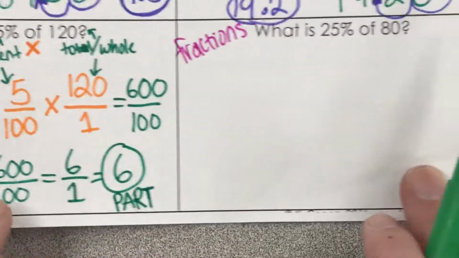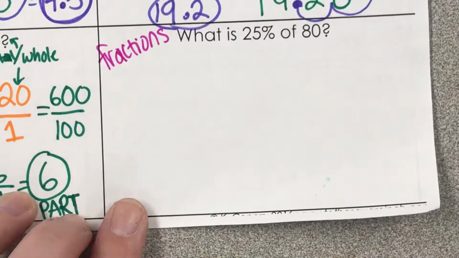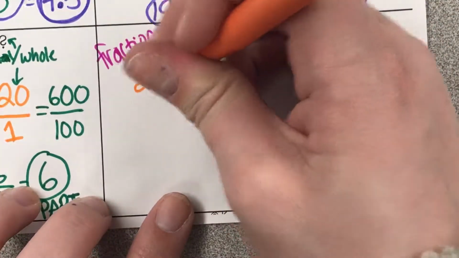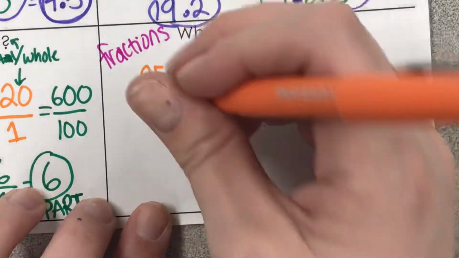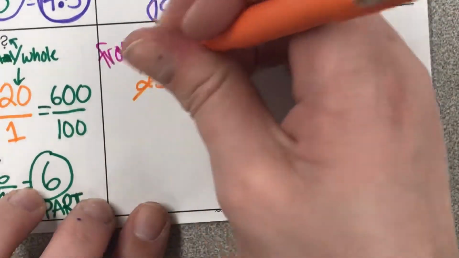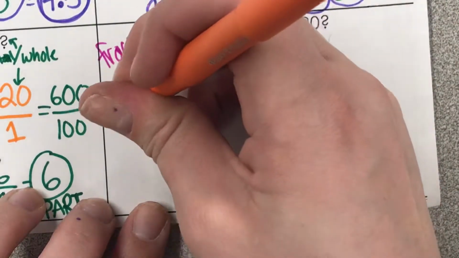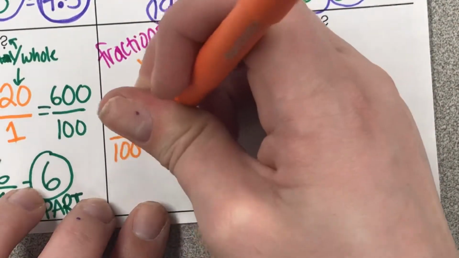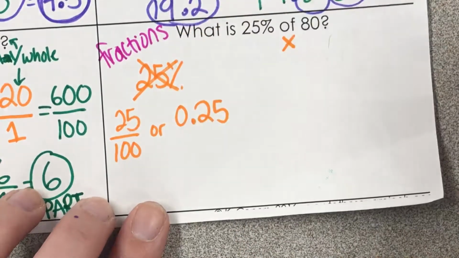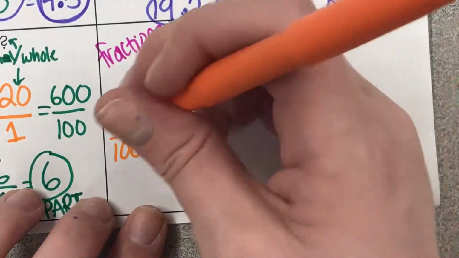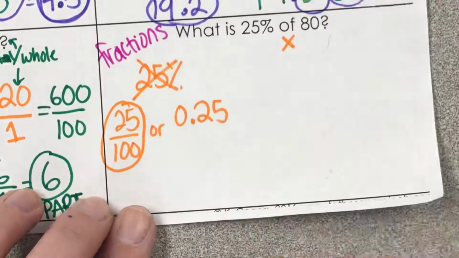All right, let's try another one. What is 25% of 80? Well, first I got to change this. That's a pretty percent. I'm not ready yet. I can write 25% as 25 over 100, or it could be 0.25. Well, I want to practice with fractions, so it's going to be 25 over 100.